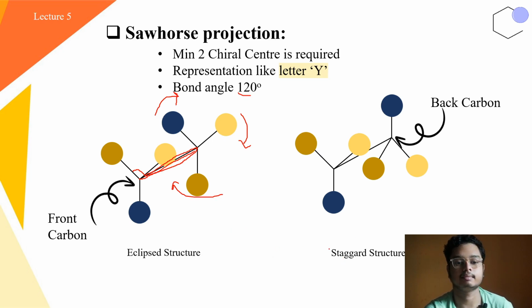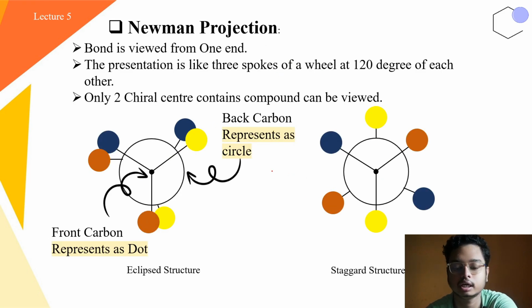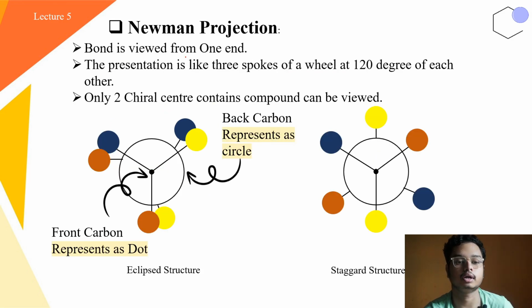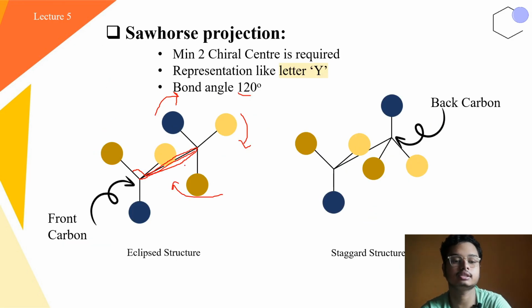Okay, so just remember this for the Sawhorse projection. Similarly, we can observe this in the Newman projection also. Newman projection is nothing but a Sawhorse projection that we squeeze. Here also the bond is viewed from one end, like in the Sawhorse projection.